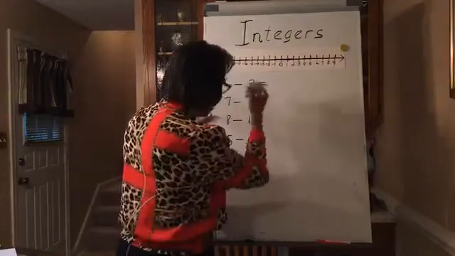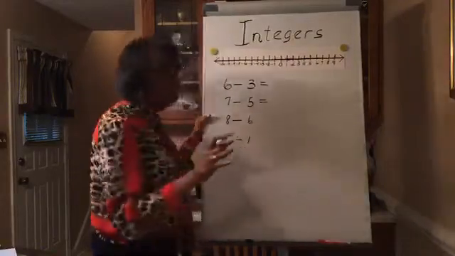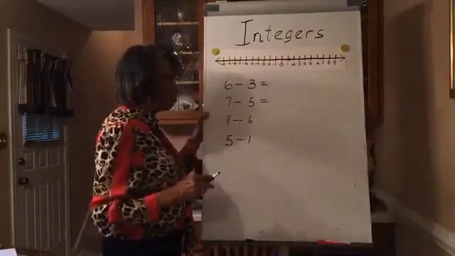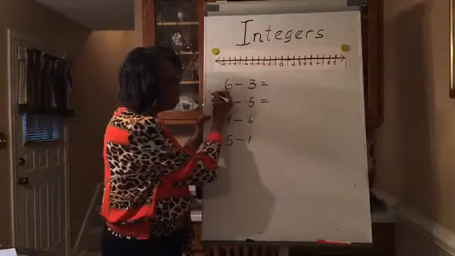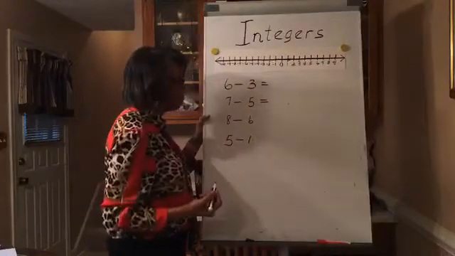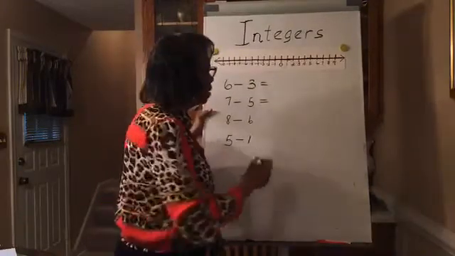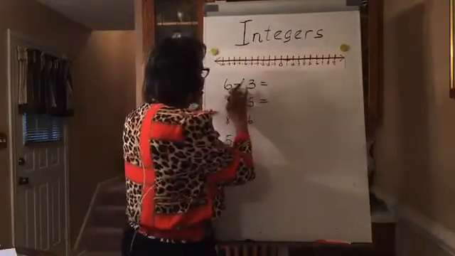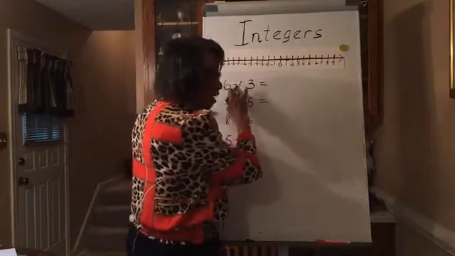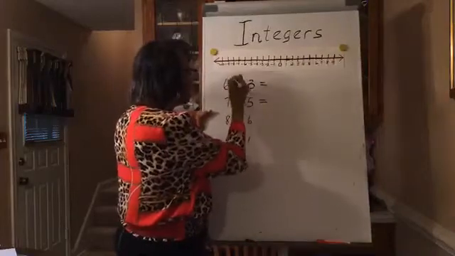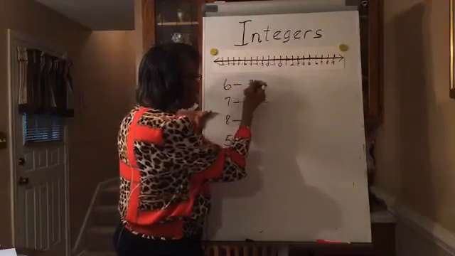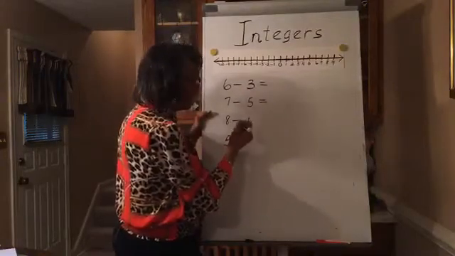And these are easy. I'm putting these up here because I want you to get used to using the number line for subtraction. This is positive 6 minus positive 3. And this minus sign gets a new meaning: the opposite. 6 minus the opposite of positive 3.